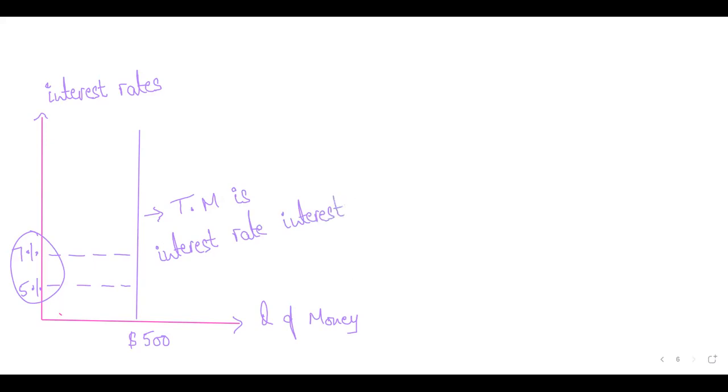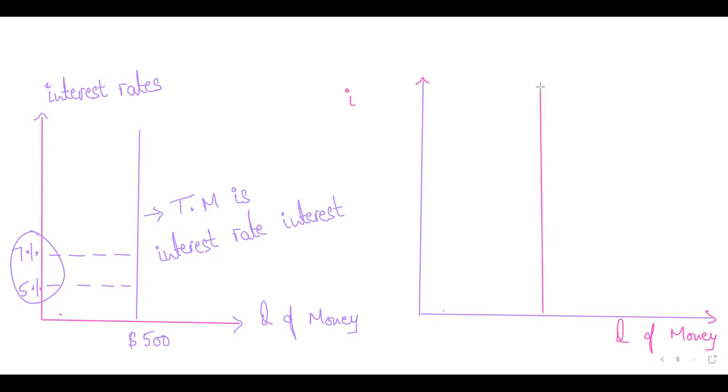Now, just like the transactionary motive is inelastic to interest rate changes, your precautionary motive is also inelastic to interest rate changes. Again, the same reasoning. If you need to hold $200 or $300 extra every month, you want to hold it because, as per your experience, oftentimes you spend more because of unforeseen circumstances, which I explained.